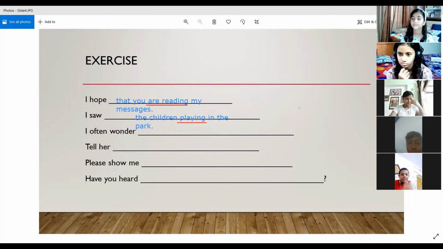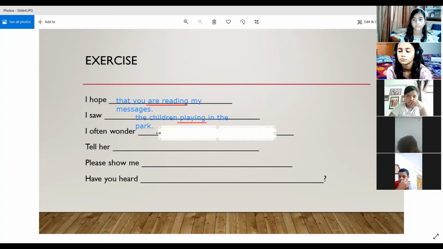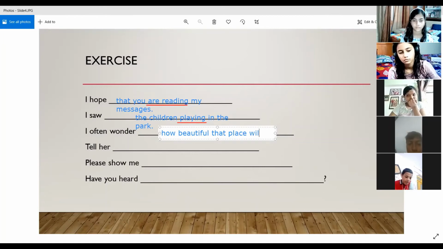Yes, sir. I often wonder how beautiful that place will be. Okay. How beautiful that place will be. So first let me write, then you will tell me what is the verb that is present, right? Okay, sir. How beautiful that place will be.